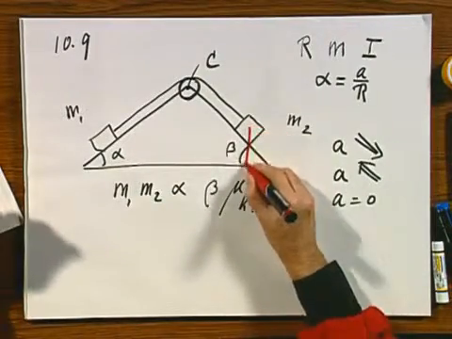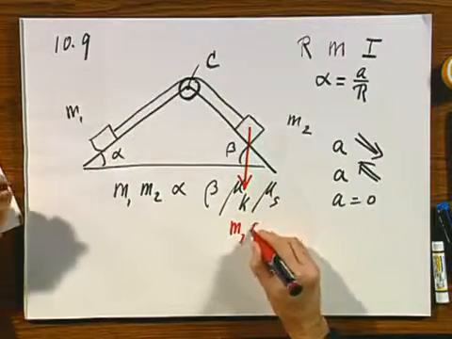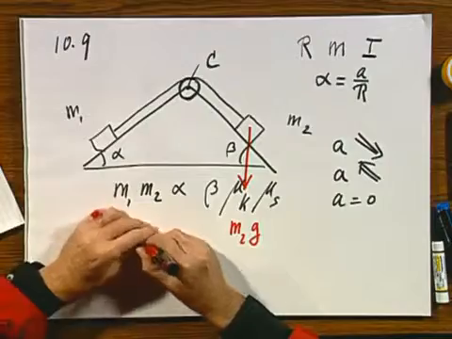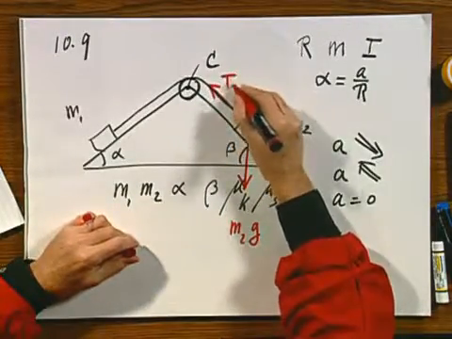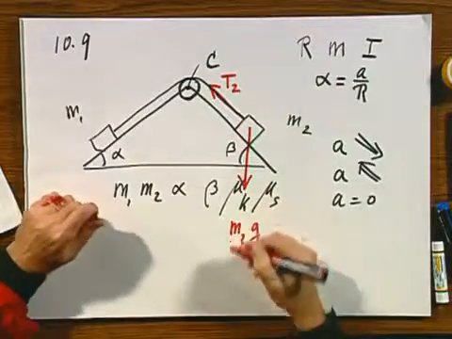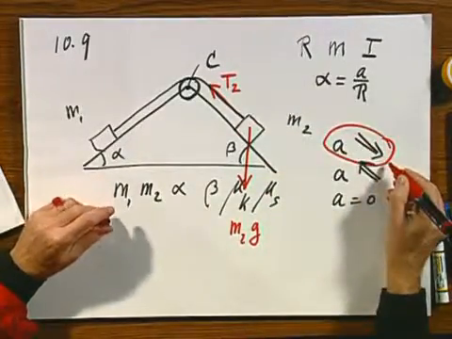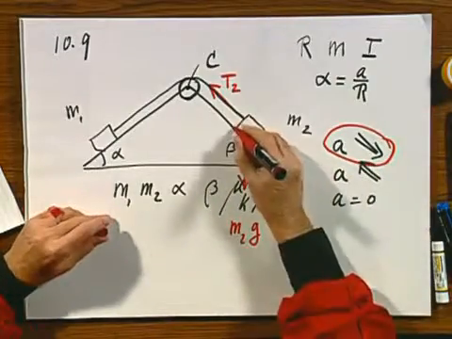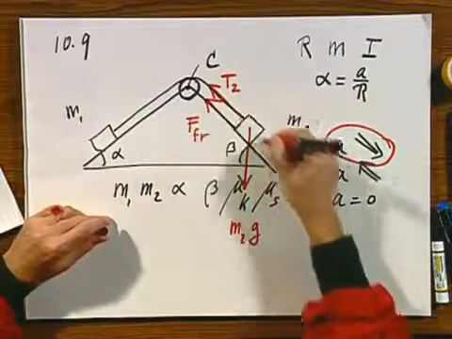Let us try to make diagrams. This force is m2g. Then there is T2. And now I'm going to make the assumption that it's going in this direction, accelerated in this direction. If that's the case, then the frictional force must be upwards, because it's sliding down.